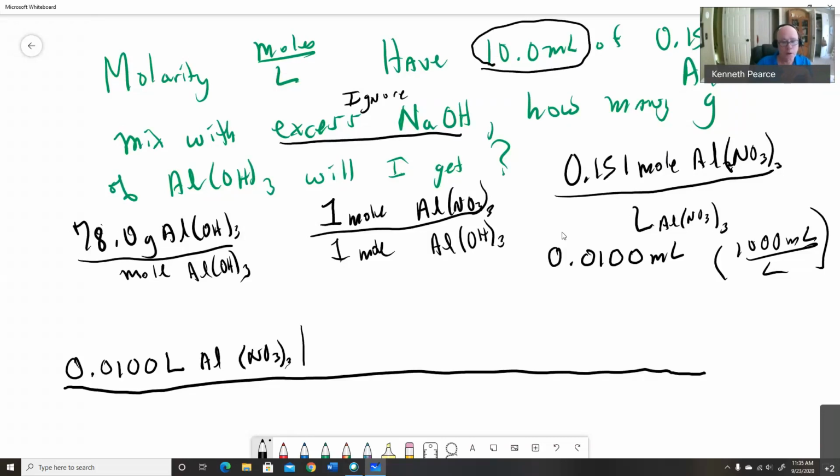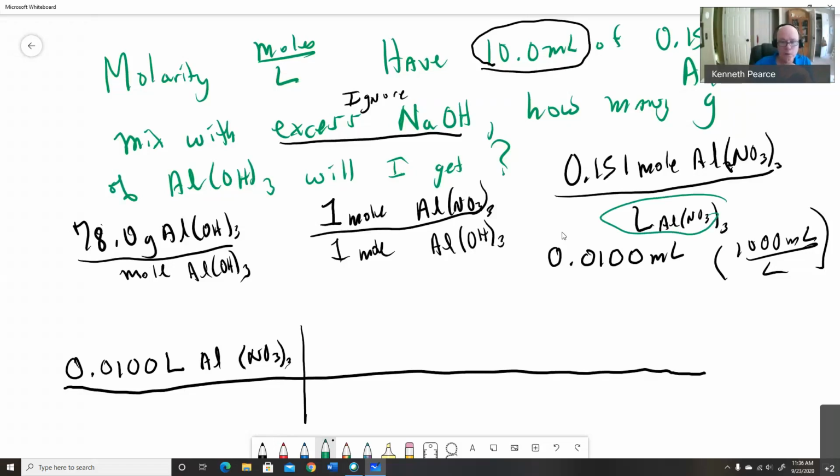Okay, now it's a question of just matching. What do we need to match up with? Well, we need the liters of aluminum nitrate. Where do we see liters of aluminum nitrate? I see it right over here. There it is. And so that's what's going to end up over here.